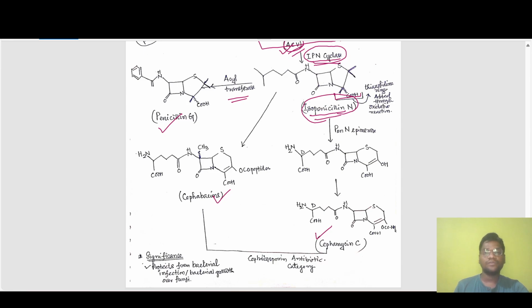When they are growing together, some bacteria having this beta lactam pathway will generate the antibiotic, and they can grow over the fungi. Some fungi, such as Ascomycota species, when bacteria grow upon them, will resist the bacterial growth by producing this kind of beta lactam antibiotic. So these are the significances of the beta lactam antibiotics.